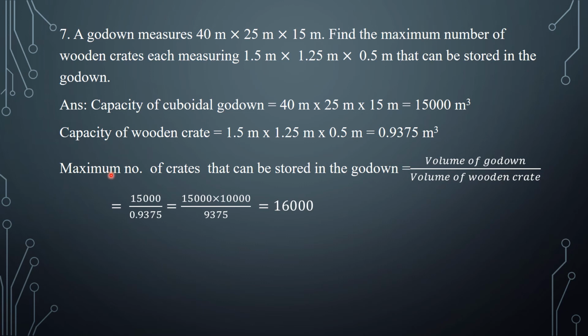The number of wooden crates that can be kept inside the godown will be volume of the godown divided by volume of the wooden crate, which is equal to 15,000 divided by 0.9375. Removing the decimal and cancelling, we can see 16,000 wooden crates can be kept inside the godown.